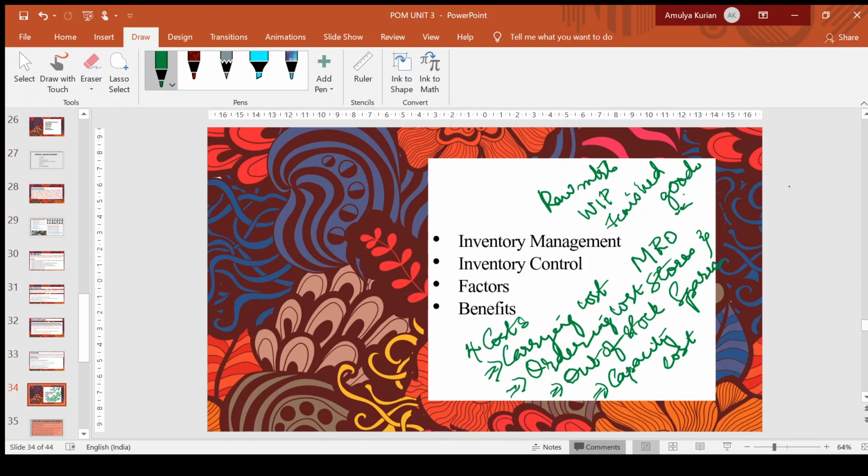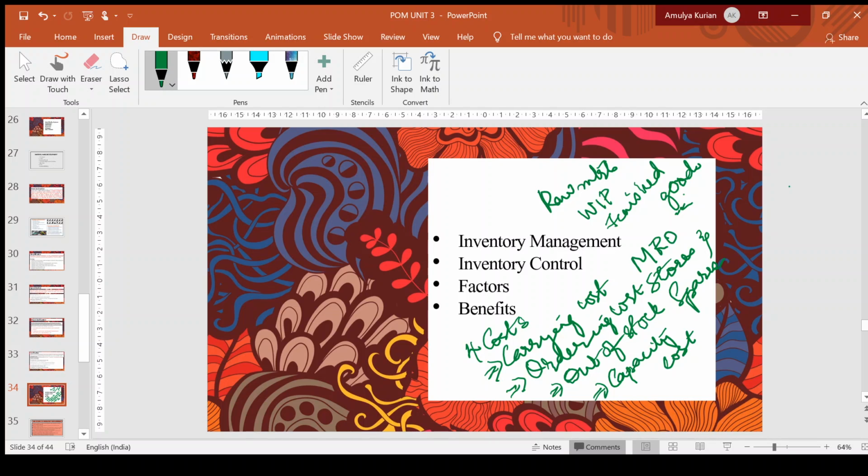Then the next type of carrying cost is financial cost, like tax, insurance, storage, interest. So the costs directly related to the material as well as the financial costs like tax, insurance, storage, interest will be coming under carrying cost.